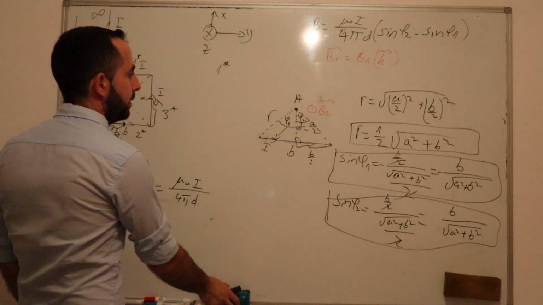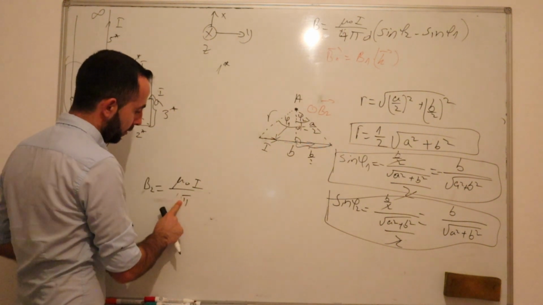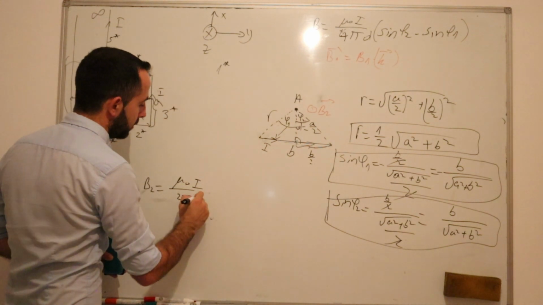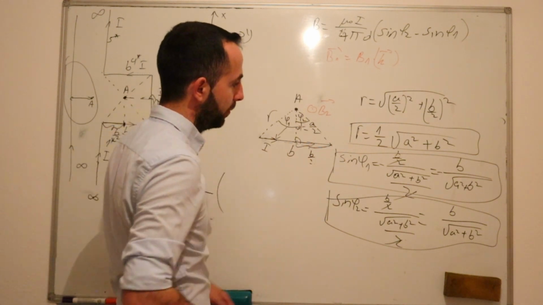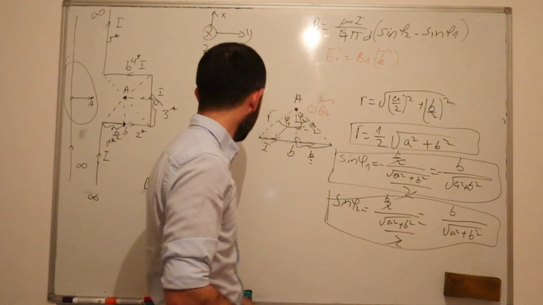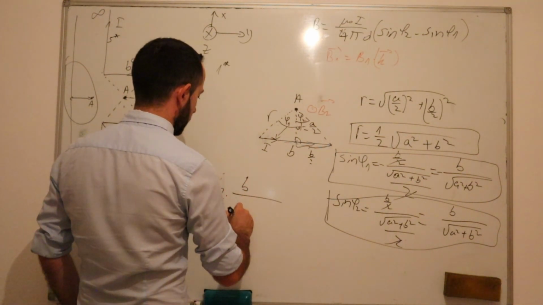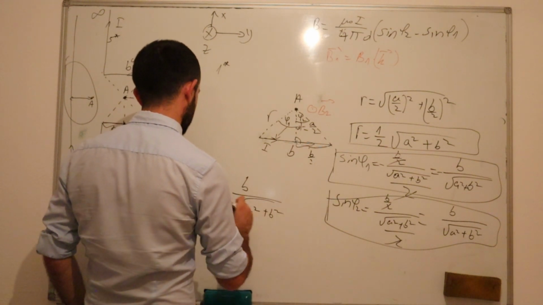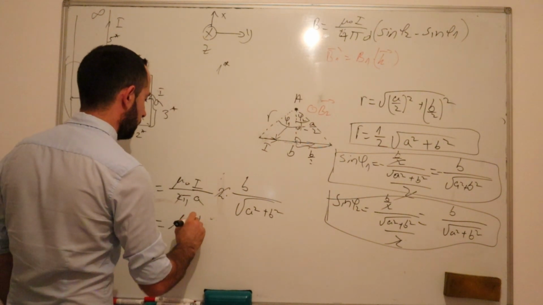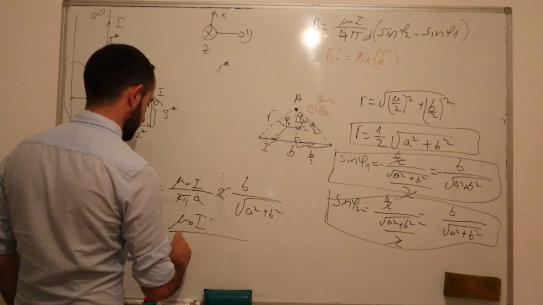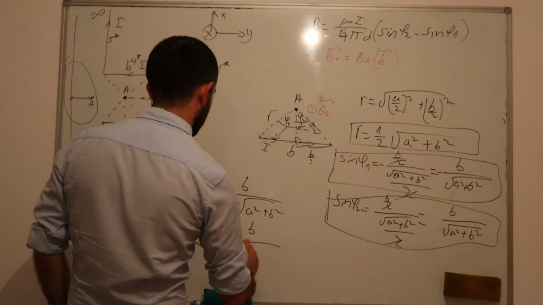D is the distance from our conductor, which is A/2, and this 4 we can divide, so we get this times this plus this, which is equal to 2 times this. So B2 equals μ0 I over 2π A times B over square root of A squared plus B squared.